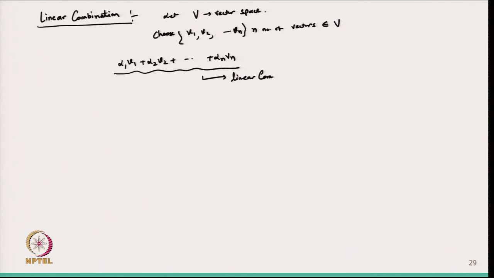If we take this one, then this is called a linear combination of vectors V1, V2 up to Vn, where alpha 1, alpha 2 up to alpha n belong to the given field F. Okay, so this is called the linear combination.